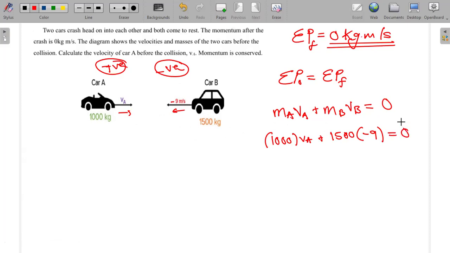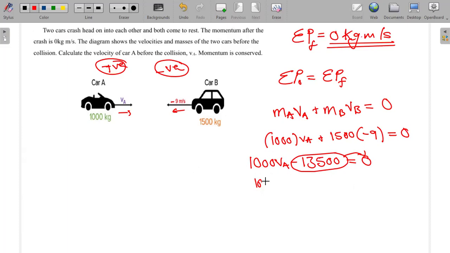Okay, so what am I going to have? I'm going to have 1,000 velocity A minus, let me just multiply 1,500 multiplied by -9. This gives me negative 13,500. And this should be equal to 0. Now I take the negative 13,500 to the right-hand side of my equation.